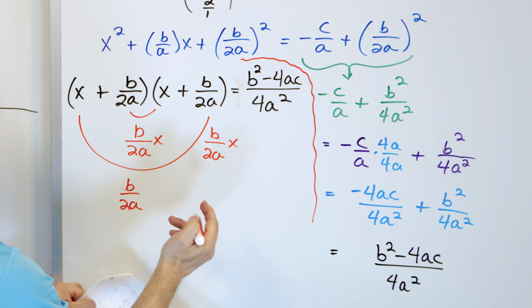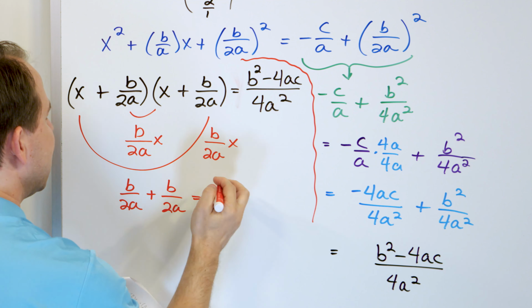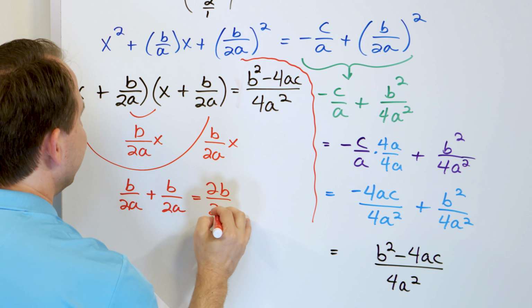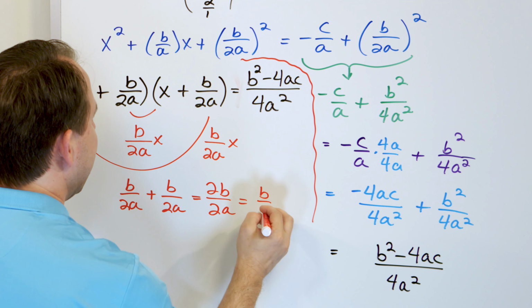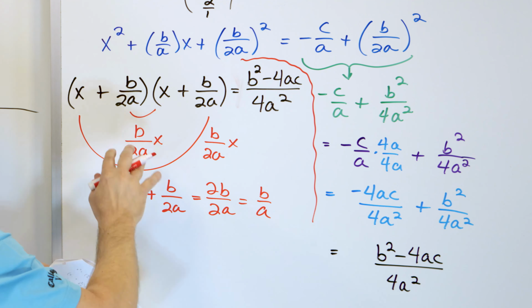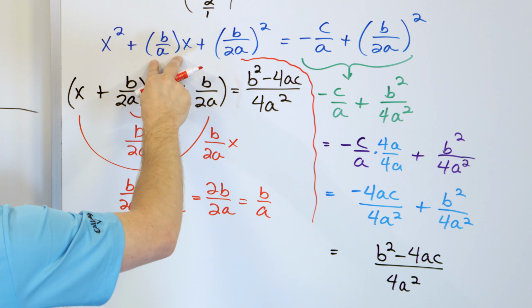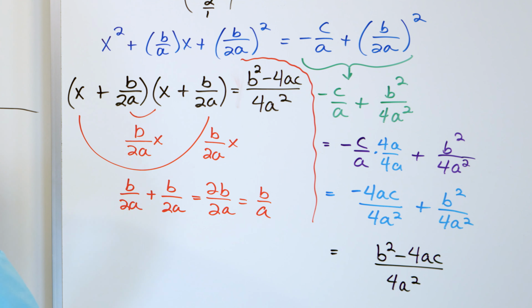We know that the x is going to be here, so I'm going to just add b over 2a plus b over 2a and check it. We have a common denominator, so we'll get 2b over 2a, which is b over a. So the 2's cancel. So b over a x, that's what we got for the middle term. I'm doing this to show you that this factored form that we have is exactly giving you the middle term that you need, right? So then we're getting very close to the punchline.